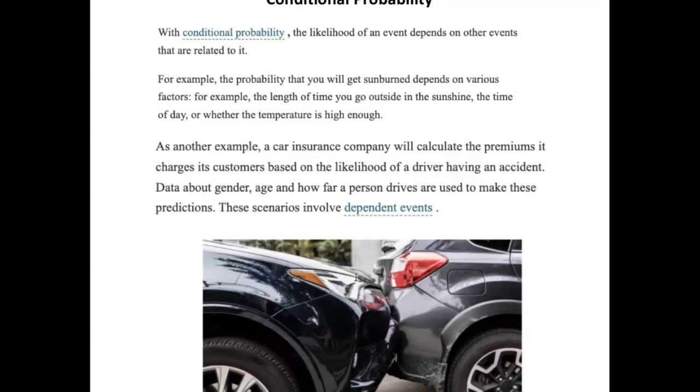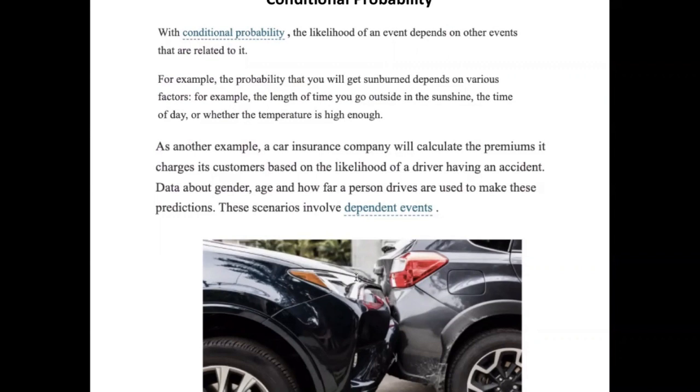If you do not know how to drive properly, or let's say you are at a young age and you don't have much driving experience, your car insurance company might charge you a higher premium. So the amount that you are going to be charged depends on your driving experience. Or the number of accidents you have.